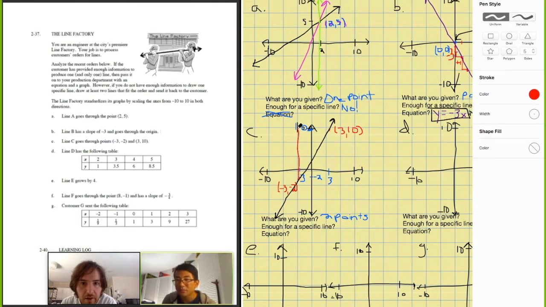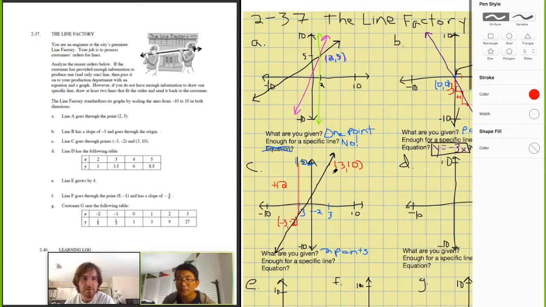So the question is, how far is -2 to 10? Well, -2 is 2 away from the x-axis, and 10 is 10 above the x-axis, so this has got to be +12. Yeah, the total difference in height is 12 for sure.